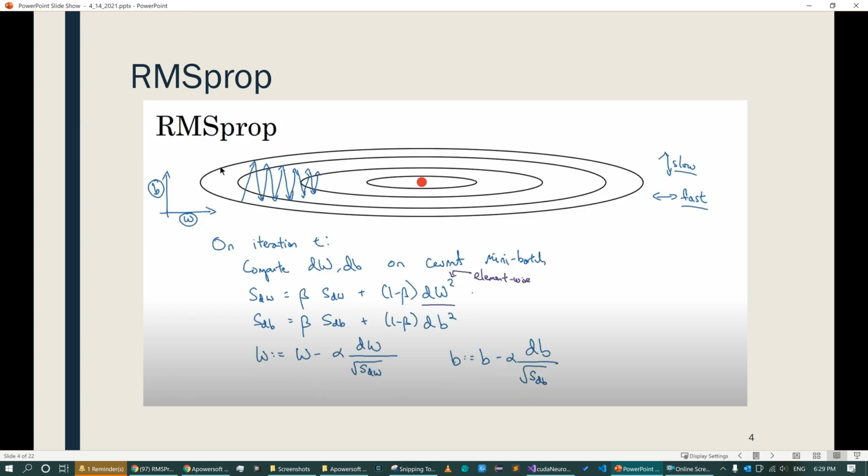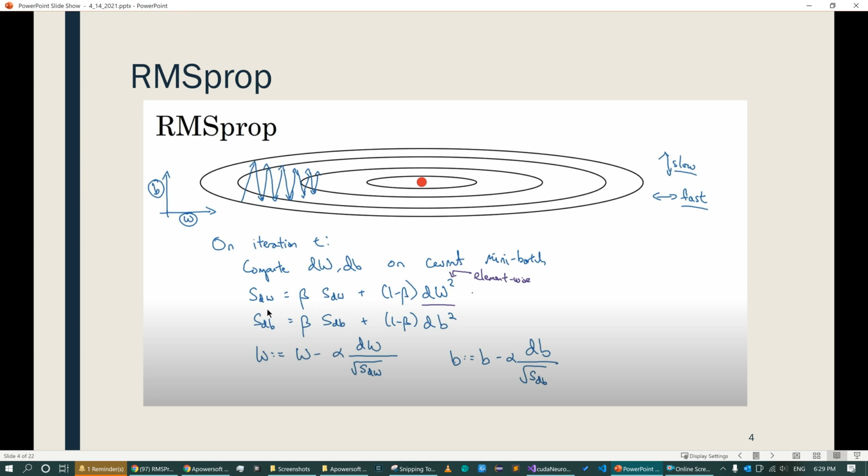Similarly, we have another optimizer called rmsprop, which stands for root mean square propagation. It is quite similar to momentum. The first step is also to calculate the dB and dW, and then we introduce something a little different but quite similar to the momentum.